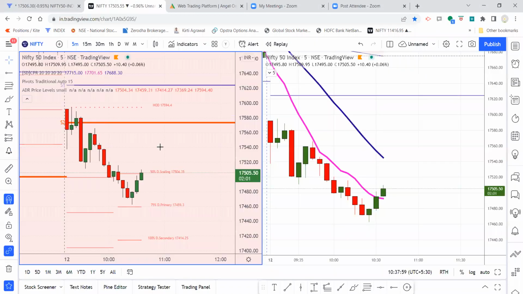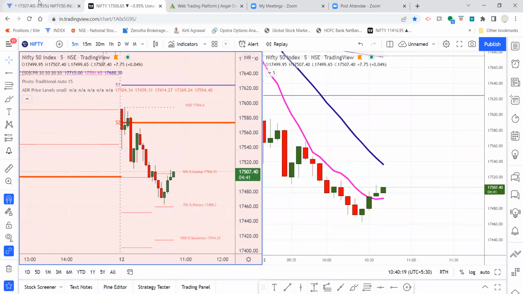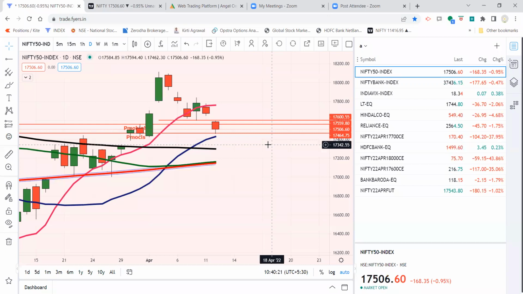If that is the case, you may see the fastest recovery in the next 2 days, including today's second half as well as tomorrow. So before going into the vacation, you can see a recovery coming back into the market, which could take it back towards 17,700 to 17,750 in a hurry, quickly.